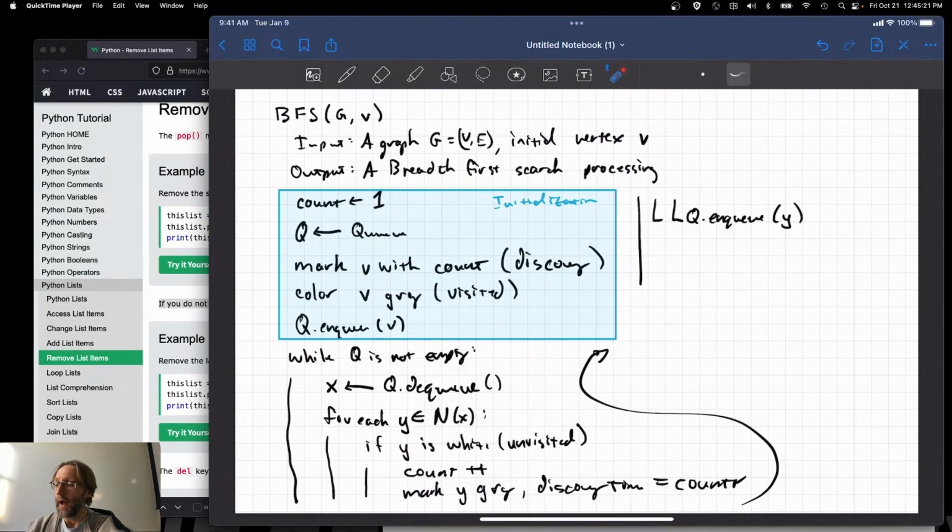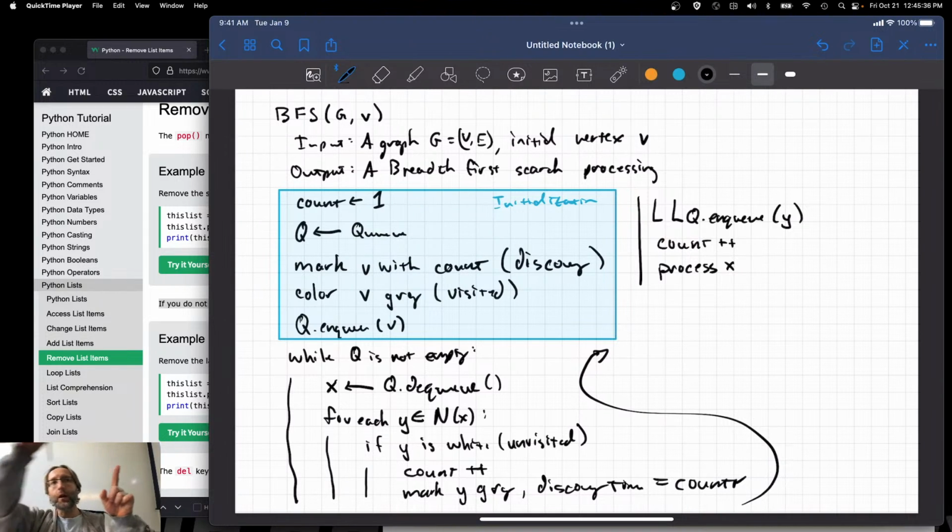After all that's said and done, we increment our counter again, and we finish up with X. We process X, because we dequeued it, we looked at all of its neighbors, and we took care of them, and now we need to actually process this node X. Process X by marking X black, that is processed and done.